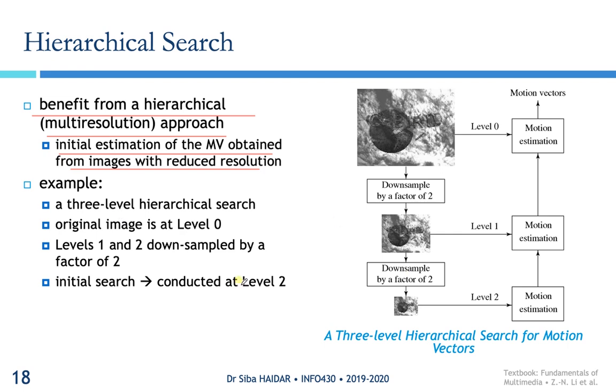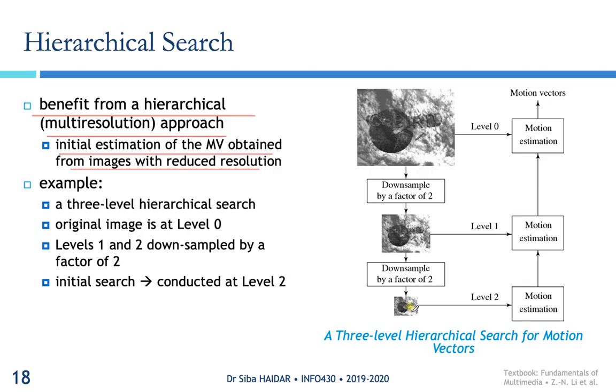In this example, you have a 3-level hierarchical search. The original image is at level 0. Level 1 is downsampled by a factor of 2, so the image is a quarter of the original. Level 2 is also downsampled by a factor of 2, so it is a quarter of this one.